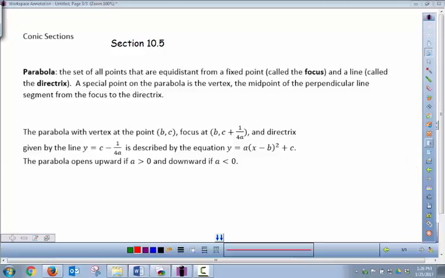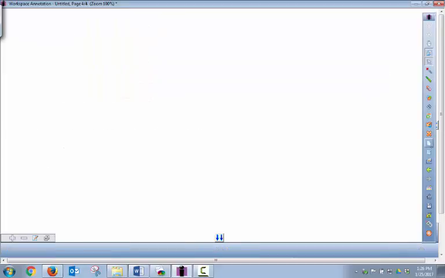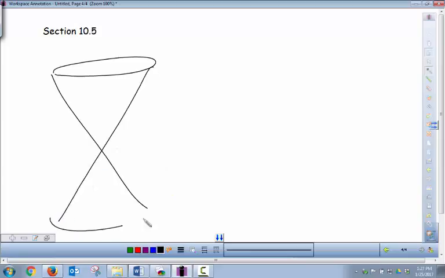So maybe before this, let me preclude this conic section discussion, or that first example that you saw, with a graph of a couple cones and the plane.